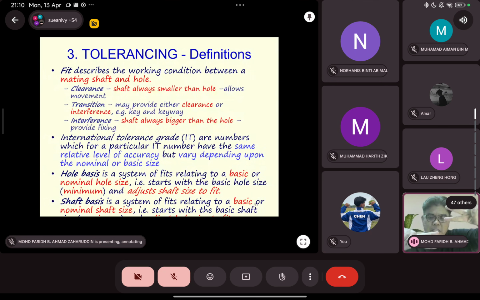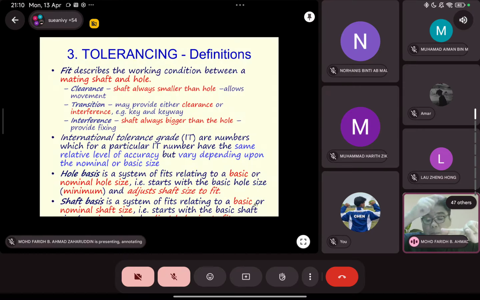Now, in this position, the upper limit of shaft is always below, which is smaller than the minimum size of hole. It means clearance. But if I put this way, the minimum size diameter of shaft is always bigger than the maximum diameter of hole, it means interference, padanan gangguan, okay, at this position.